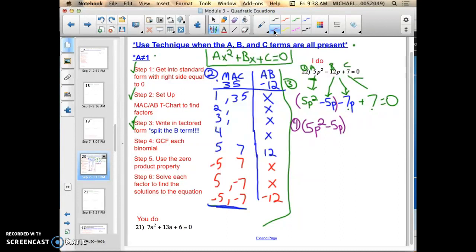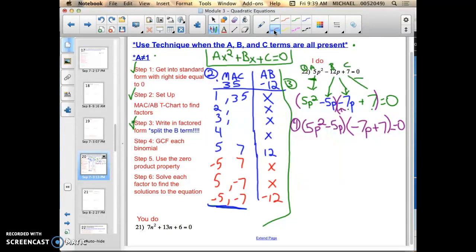The second grouping, I'm going to include this sign. All right, that sign is a negative, so I'm going to include the negative. So I'm going to write minus 7p plus 7 still equals 0. All right, that's the first step. I've grouped the first 2 together and the second 2 together, and I included the negative in my second grouping, or the subtraction sign on my second grouping.